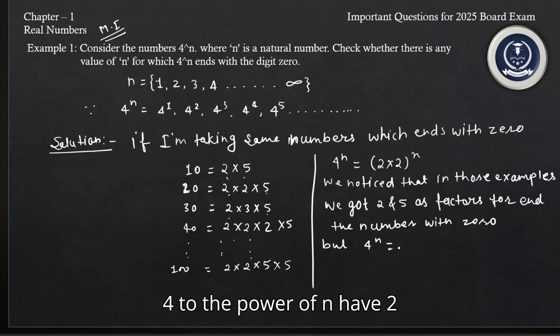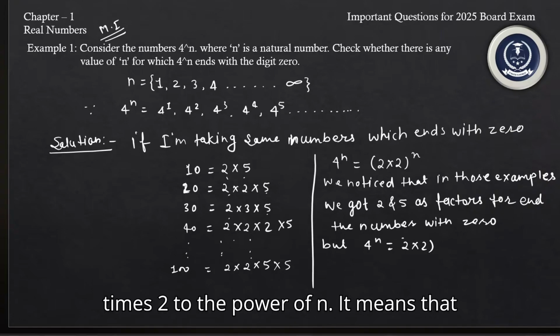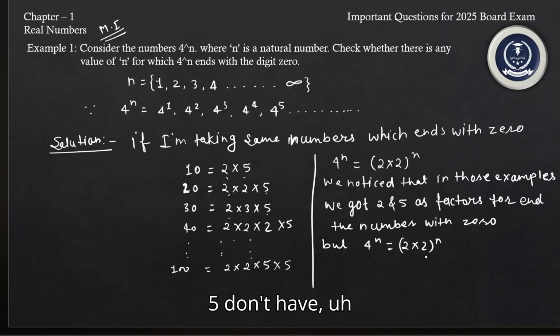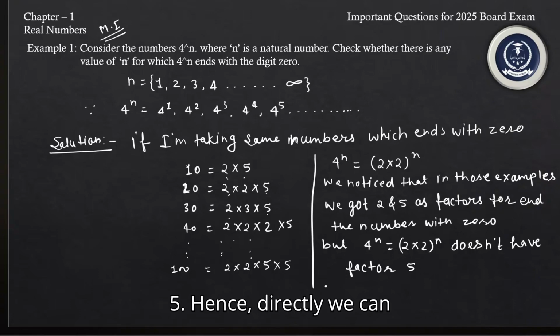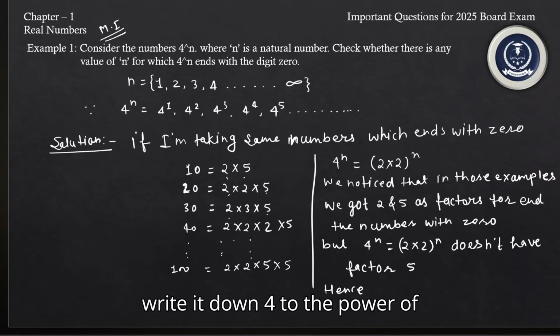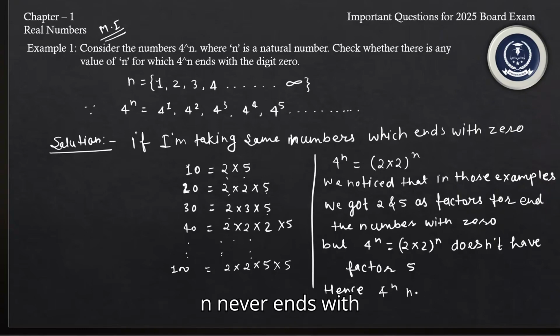But 4 to the power of n is 2 times 2 to the power of n, so it doesn't have factor 5. Hence, 4 to the power of n never ends with 0.